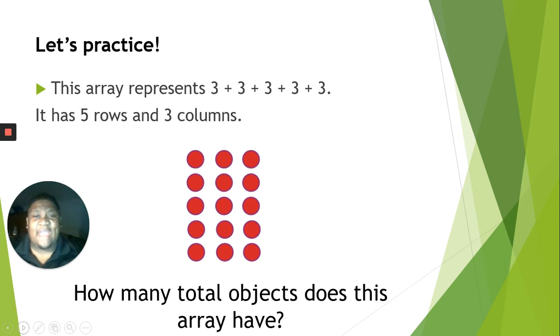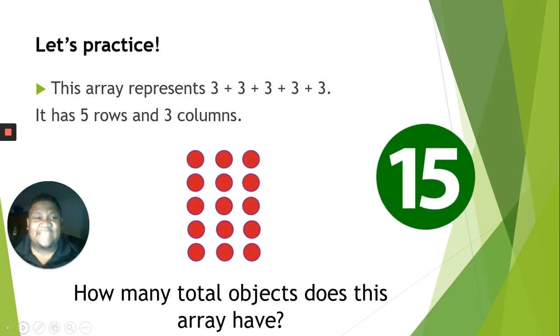So the array has 15 objects. That means that 3 plus 3 plus 3 plus 3 plus 3 equals 15. If you got it, give yourself a pat on the back.